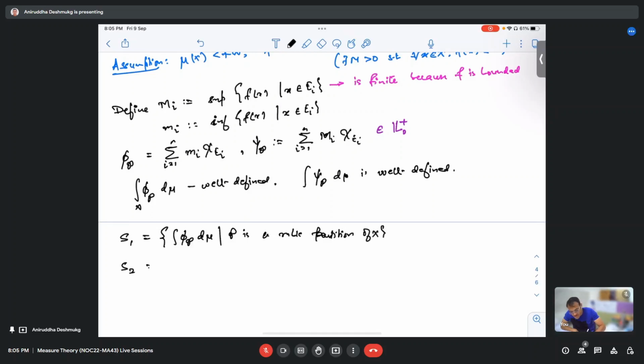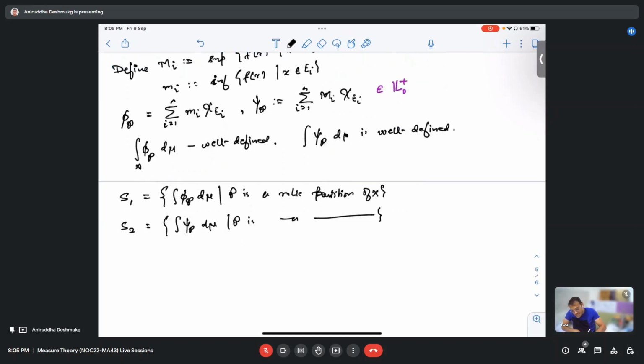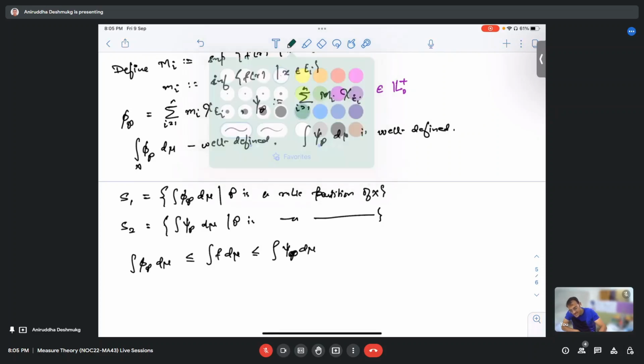Let us look at S2 as the integrals of psi_P, where P is a measurable partition. Now, can we say that the integral of phi_P is less than or equal to the integral of f, and this is less than or equal to the integral of psi_P?